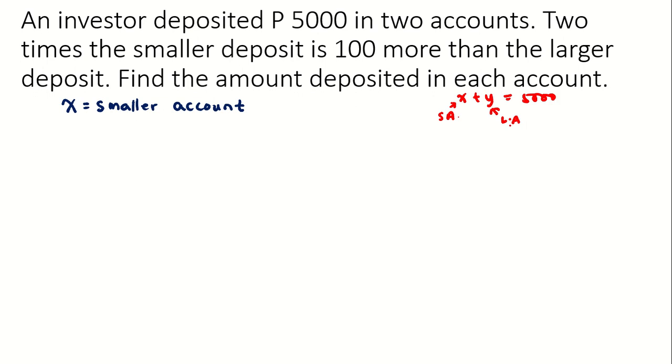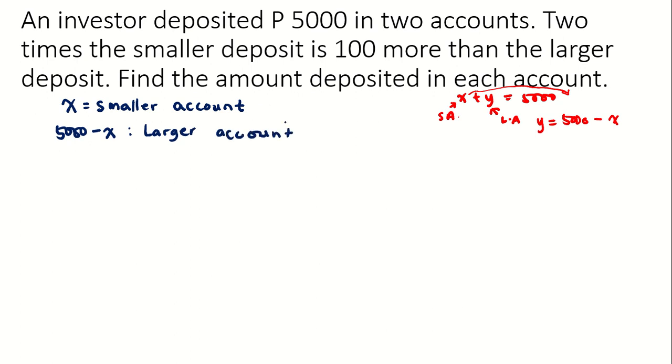So to get our larger account, you may subtract X from 5,000, which yields 5,000 minus X. Therefore, our representation for the larger account would be 5,000 minus X.